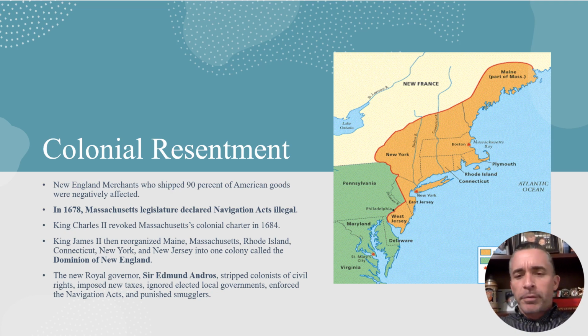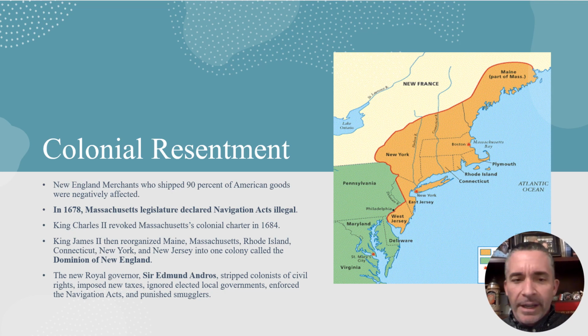Shipping was not as profitable as a result of the navigation acts, and it was the New England merchants who handled 90% of North America's trade with England and Europe, the triangular trade that we had spoken of. So they were particularly hard hit, the New England merchants.